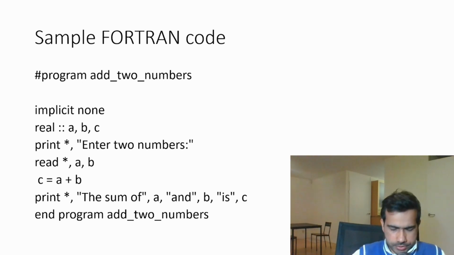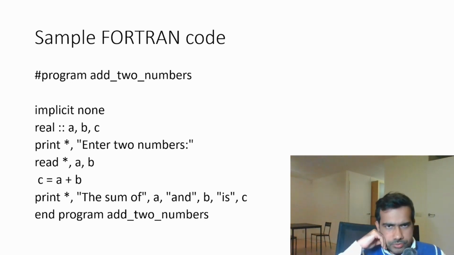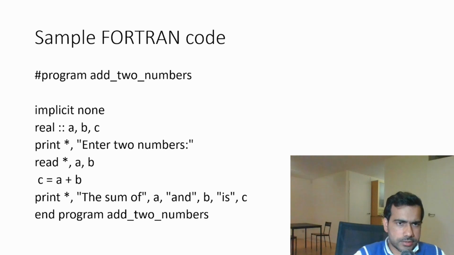To my generation or the younger generation, this probably won't sound very familiar, but Fortran used to be a very popular language. Here is the code for how to add two numbers. Implicit none means you have to explicitly declare what the values of A and B are, and then C equals A plus B. This is just to add two numbers, and you have to write like 6-7 lines of code.